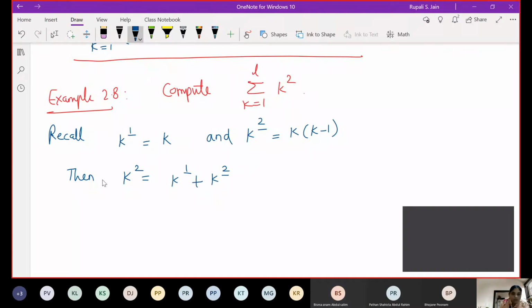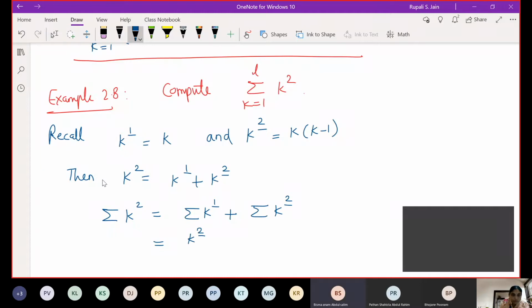Now if I take summation on both sides, summation k square is summation k to the 1 falling plus summation k to the 2 falling. Can I write? Yes, ma'am.